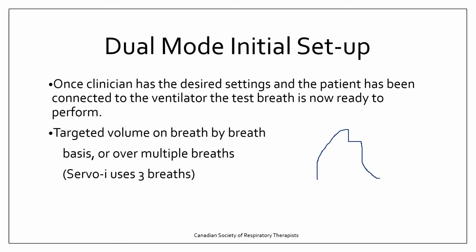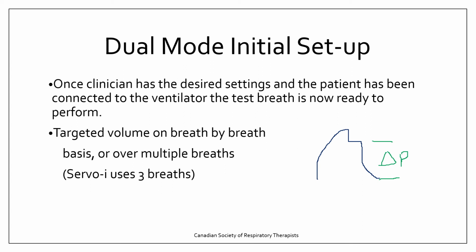And like pressure control ventilation, where we use the difference between our plateau and our baseline, that delta P, that's what it does. It determines the plateau pressure and it knows the baseline pressure, and it uses that delta P as its initial starting breath. And then over a 3 breath period, it's hopefully reached its target volume. Its goal is to reach its target volume.